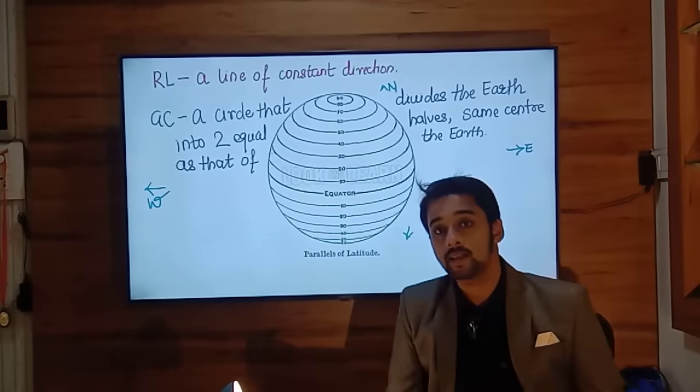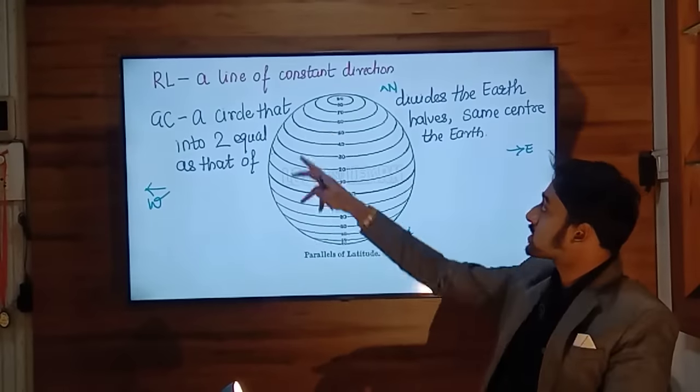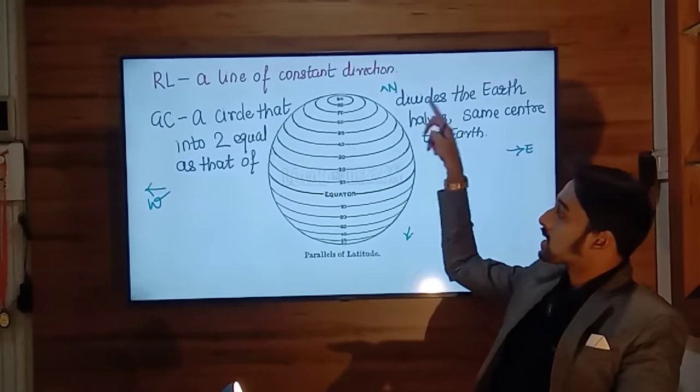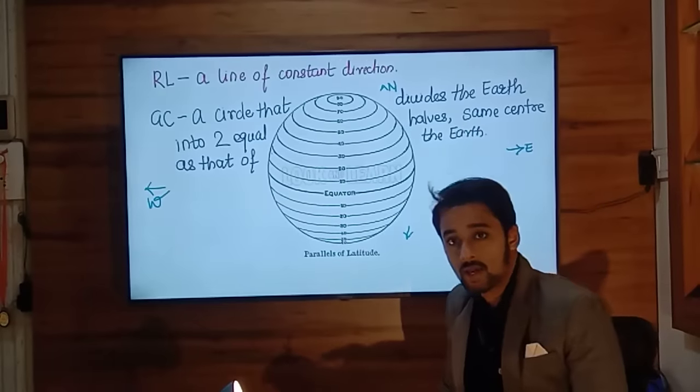Also, it has to cover the maximum area on the earth. So a great circle is a circle that divides the earth into two equal halves and has the same center as that of the earth.